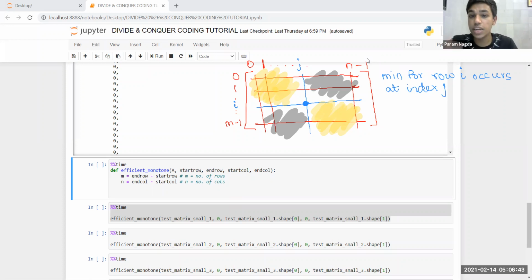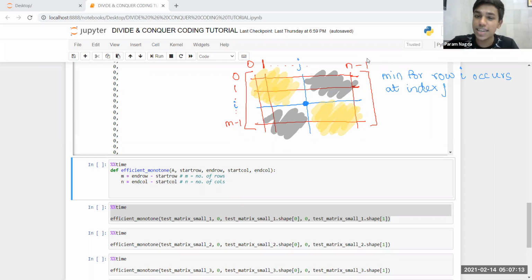Now, we know that by the properties of monotone matrices, if the minimum value for row i occurs at index j, the minimum value for all rows above i has to occur at indices less than j, right? And similarly, for all rows below i, the indices for the minimum values have to occur at columns that are greater than j, right?